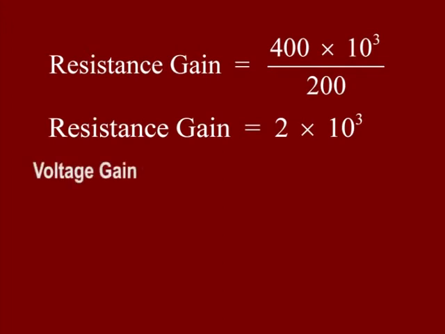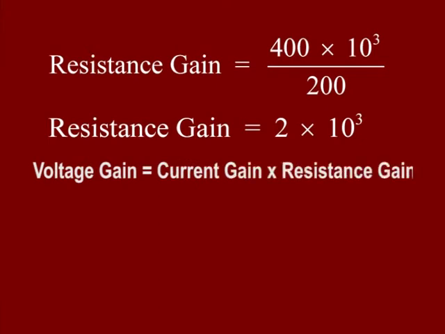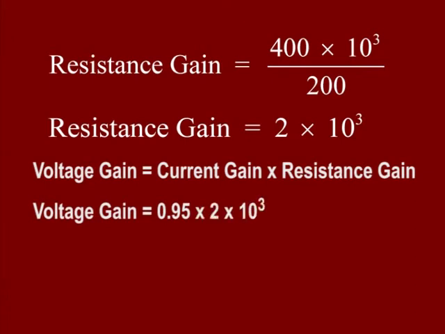Since the voltage gain is equal to the product of current gain and resistance gain, we have voltage gain is equal to 0.95 into 2 into 10 raised to the power 3, which on multiplying turns out to be 1900.